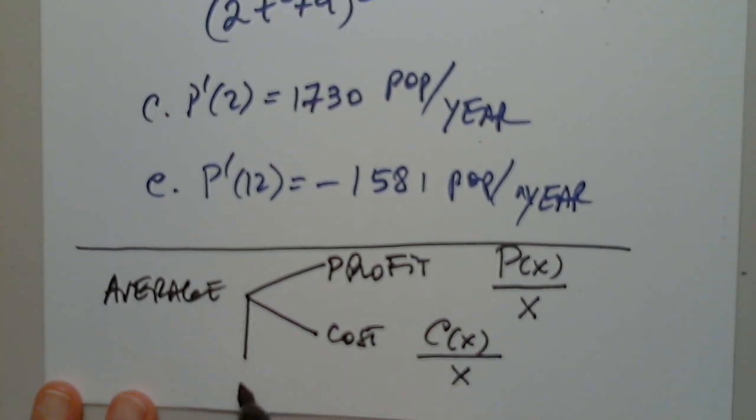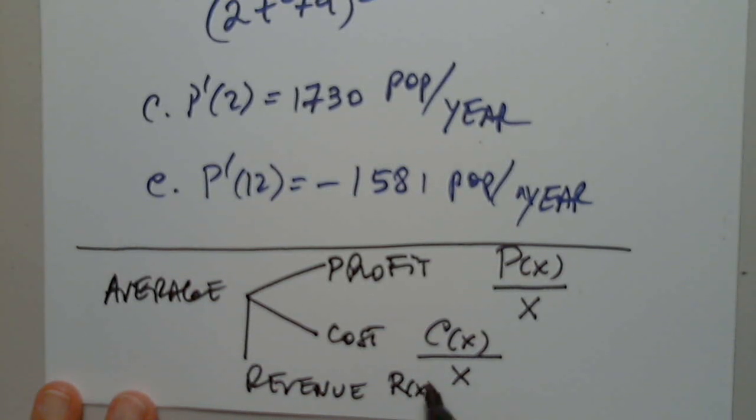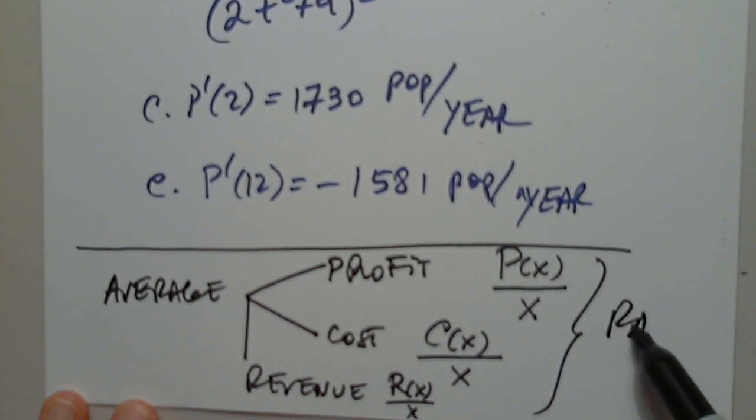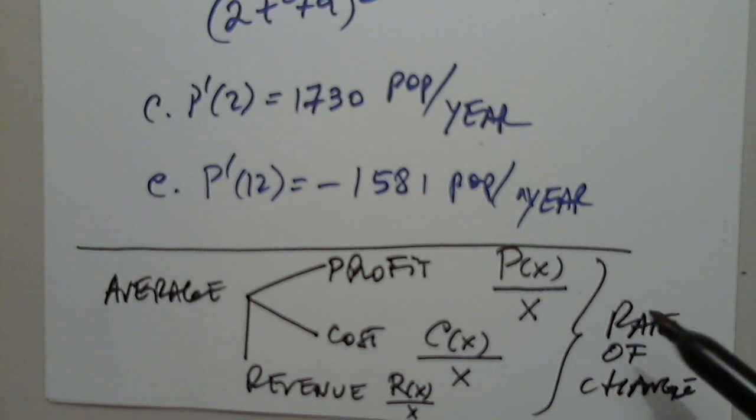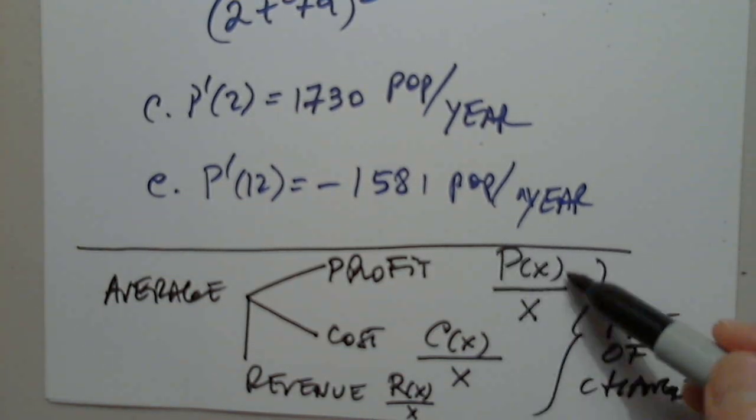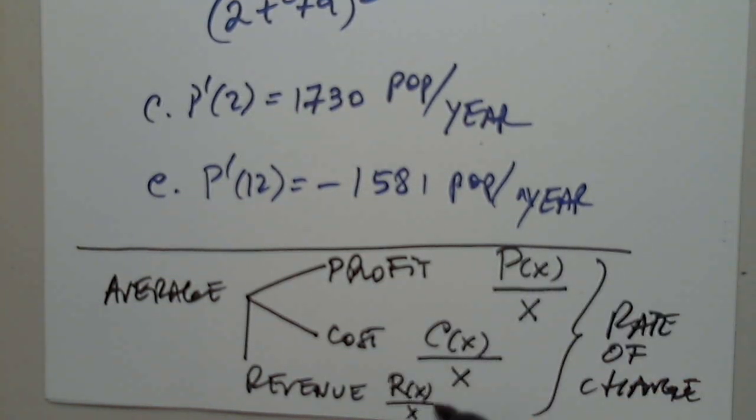When we talk about revenue, we talk about the revenue function divided by x. When we're asked to find the rate of change of these, we will have to differentiate this function, differentiate this function, and differentiate this function.